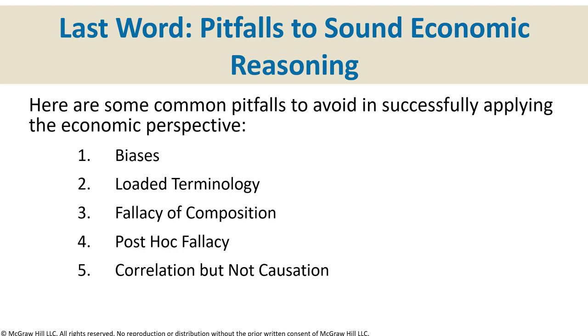Post hoc, or after the fact, you start to make assumptions, and you believe something just because it happened in a certain way that they're related. They're not. Or they don't have to be all the time, I should say. Just because they may come together, may be correlated, it doesn't mean one causes the other. Pretty good read. I suggest going over that in the back of your chapter on that, page 14 and 15.